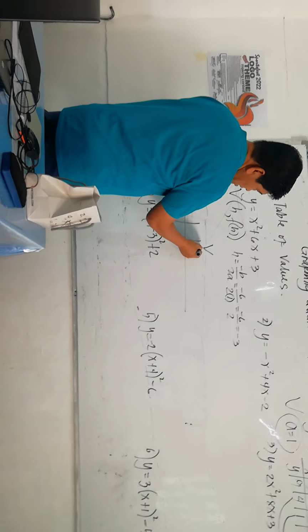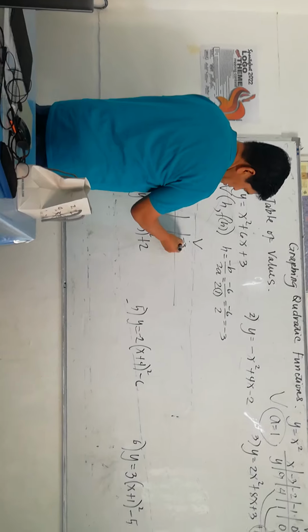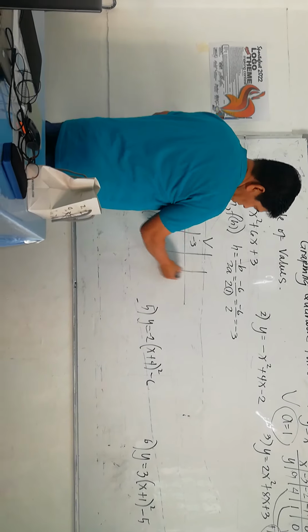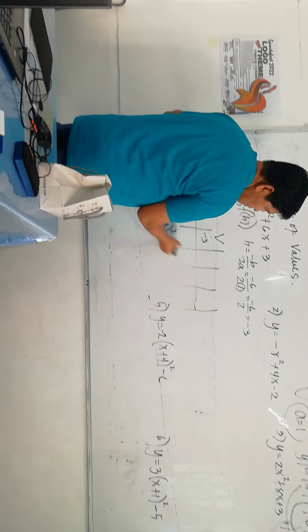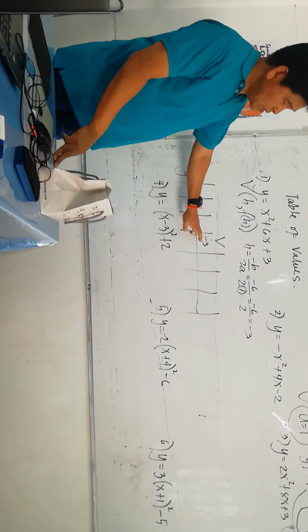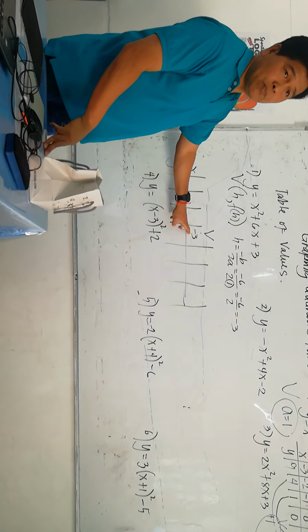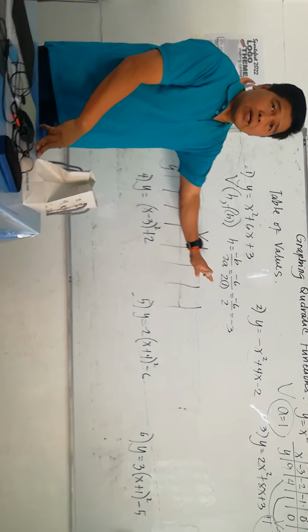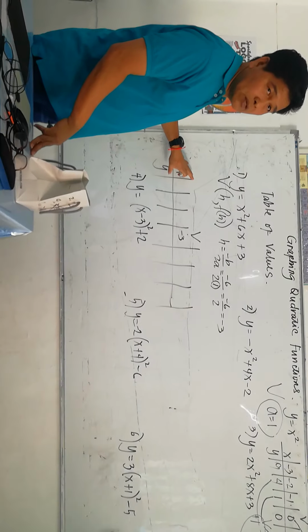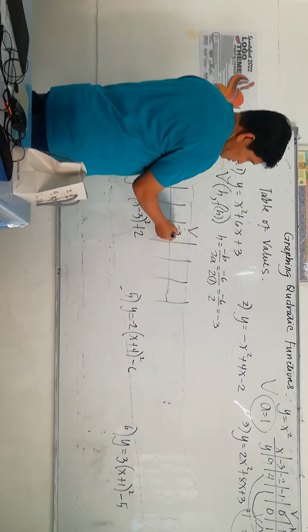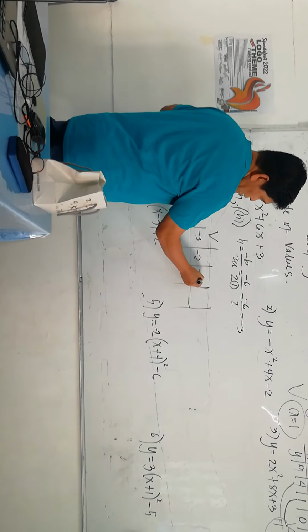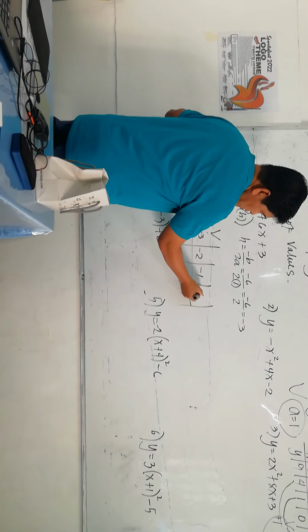So your h here is equal to negative 3. Then 1, 2, 3: three values to the right side of your axis of symmetry. So increase by 1 from the axis of symmetry for values of x going to the right, and decrease by 1 going to the left. So this is equal to negative 2, negative 1, then 0.